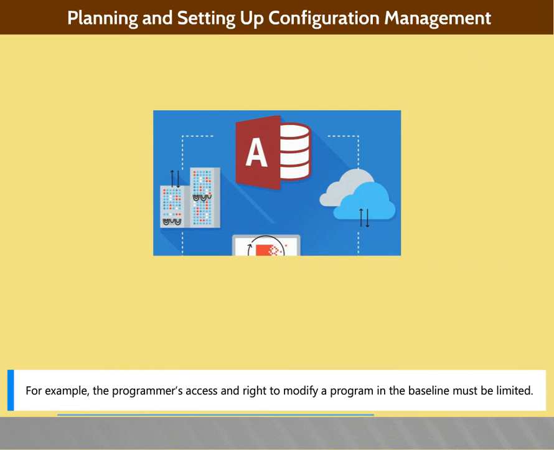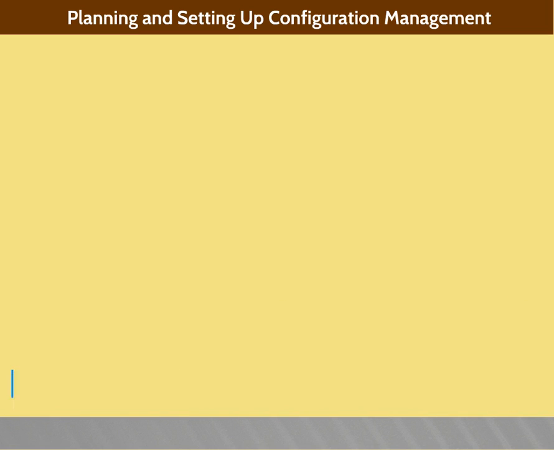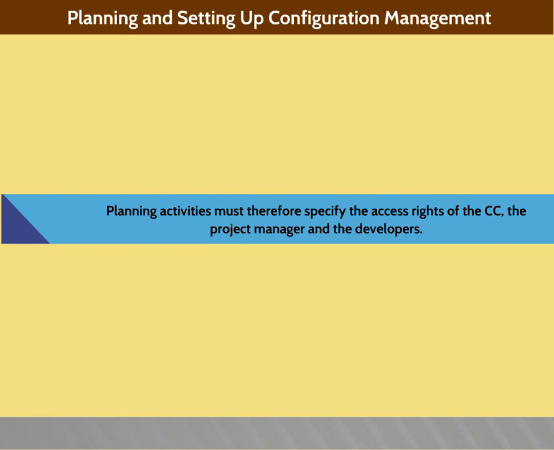For example, the programmer's access and right to modify a program in the baseline must be limited. Planning activities must therefore specify the access rights of the CC, the project manager, and the developers.